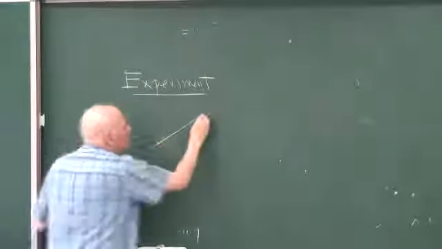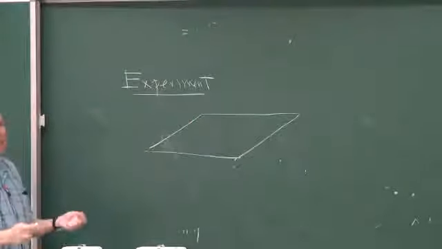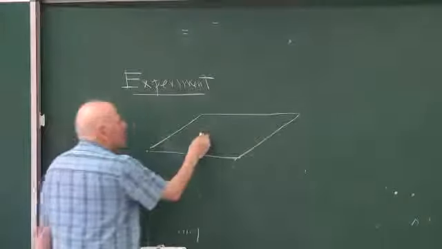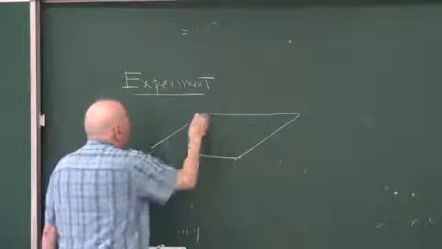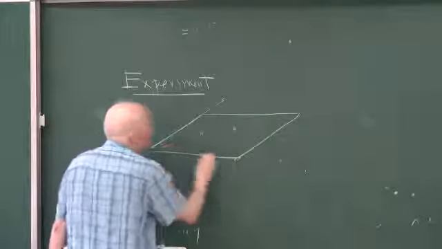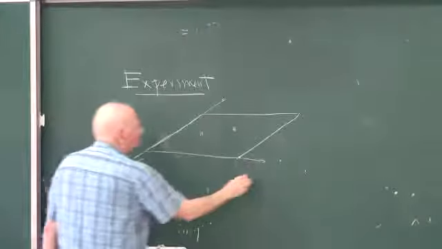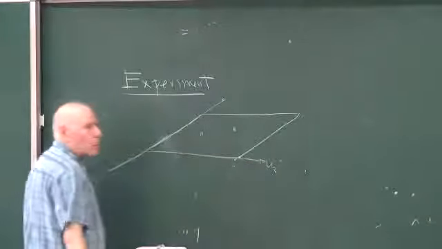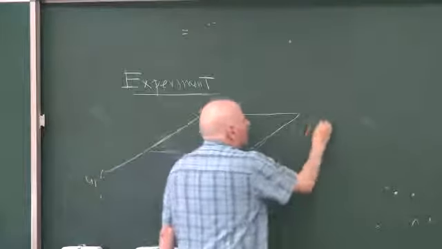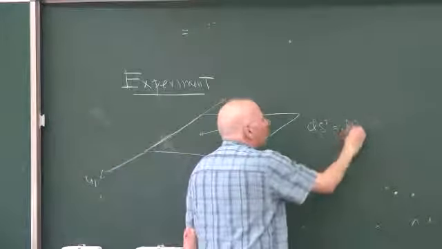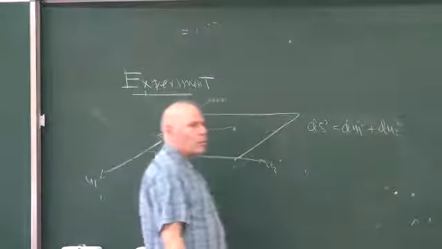Okay, so I'm going to take a piece of paper. We know how to find the distance on a piece of paper. So if this is the local coordinate system, this would be u1, u2, and s squared is u1 squared plus u2 squared.